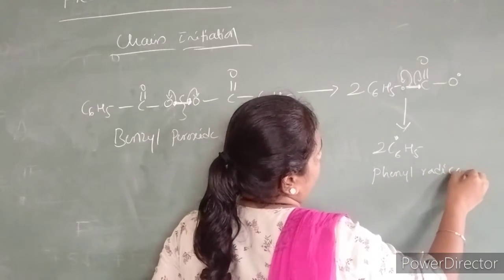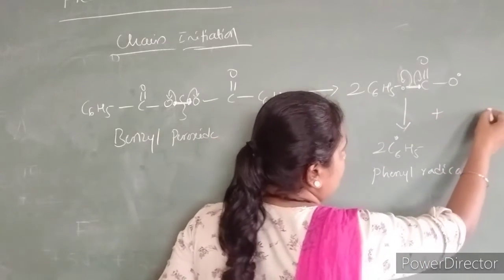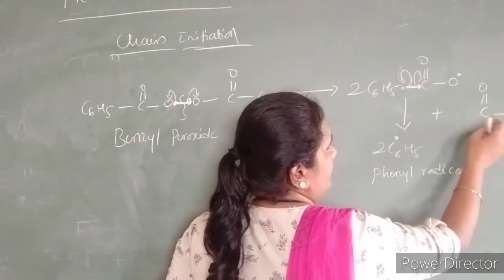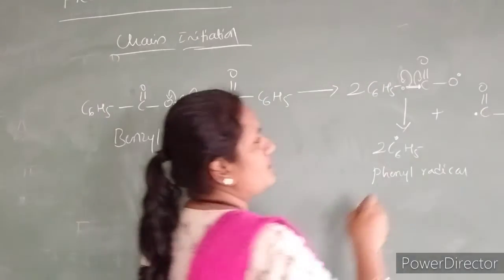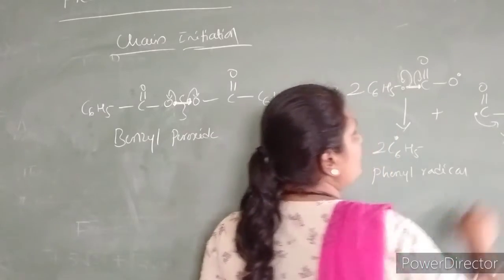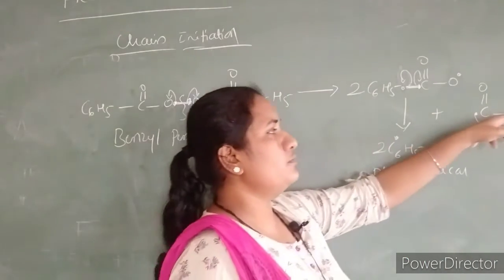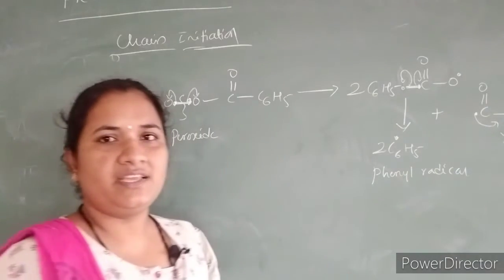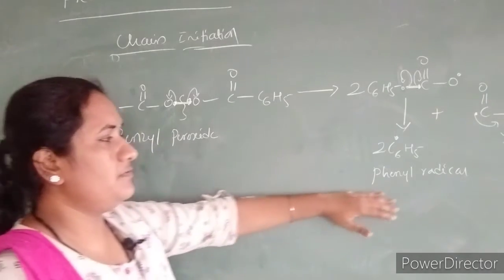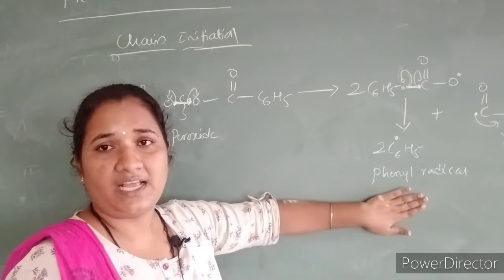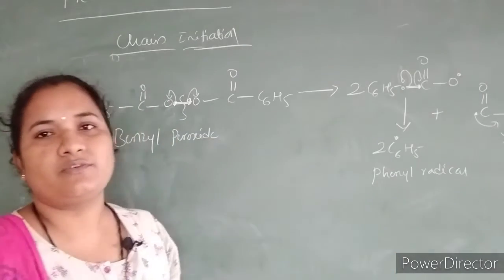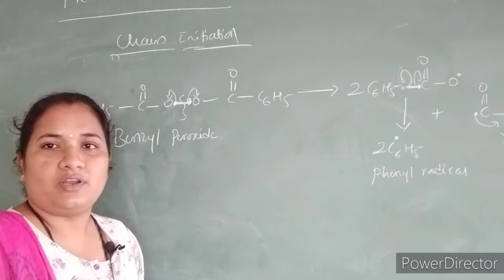Further, this carries C double bond O, and this oxygen carries one odd electron, and this carbon carries one odd electron. They make a bond with each other and are eliminated as a CO2 molecule. Whenever two radicals are near, they make a bond and are eliminated as CO2, and here we get the phenyl radical. This phenyl radical will initiate the chain polymerization process. So this is required for the initiation of the polyethylene process.